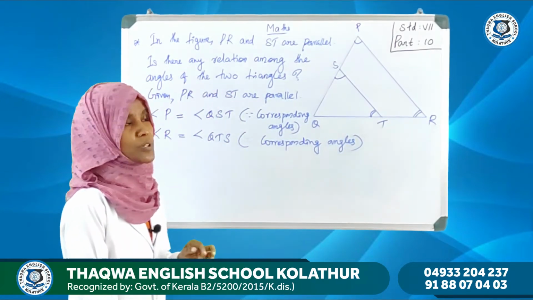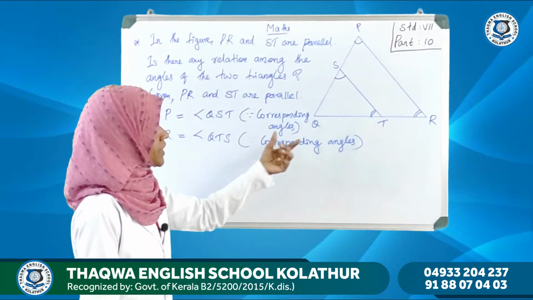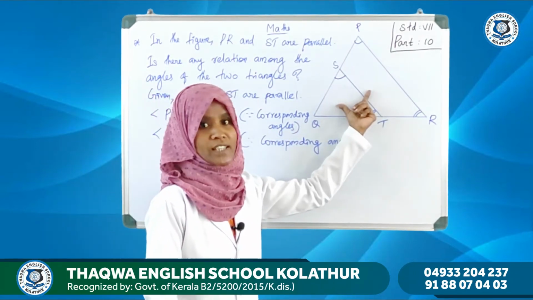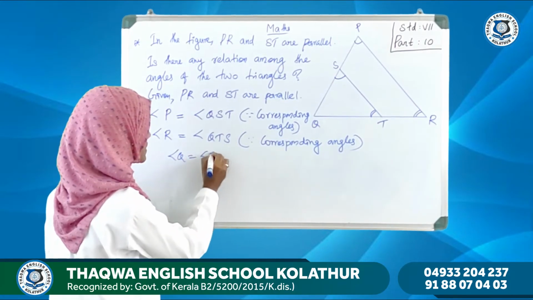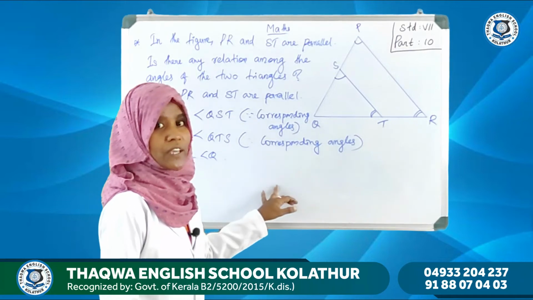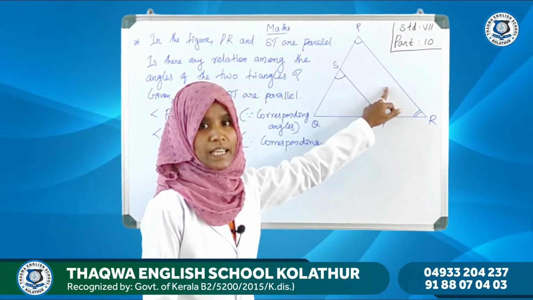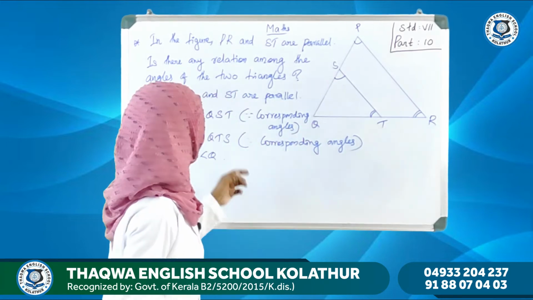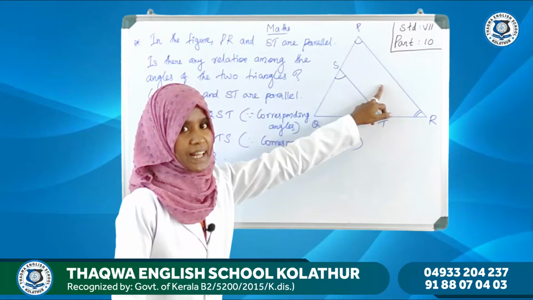So what is the relation between the angles of these two triangles? Yes, the three angles of both triangles are equal. Angle Q equals angle Q. So we can say that all the angles of both triangles are equal. Okay. The given condition is PR and ST are parallel.